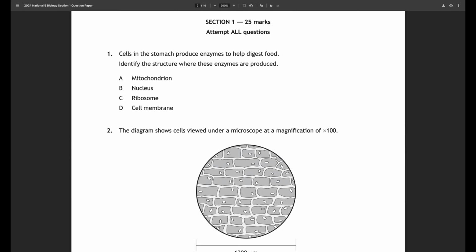So you basically have to replace the word enzymes for proteins in this question. And once you say identify the structure where these proteins are produced, it becomes much easier, and that then relies on your knowledge from 1.1, which is that the ribosome is the site of protein synthesis. So that would be the answer for the first one, is C.